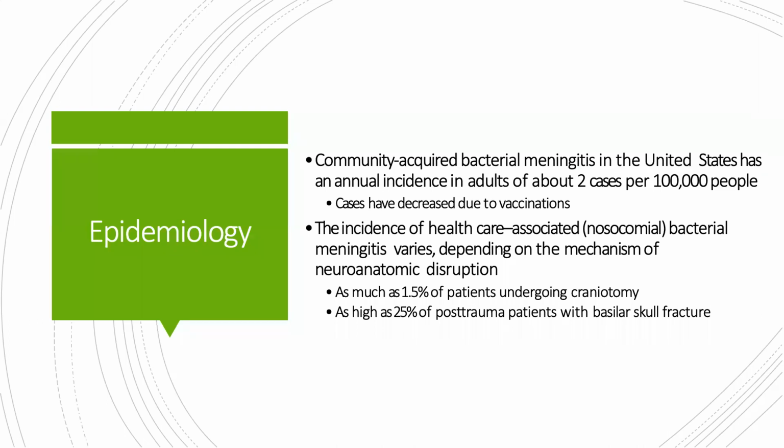For nosocomial, in the event that we have individuals that are undergoing craniotomies or have post-trauma, including skull fractures, you can see an increase in the amount of cases, because when someone's brain is open and you're performing surgery, it's easy for bacteria from that surgery to then infiltrate the meningeal space and then cause infection.